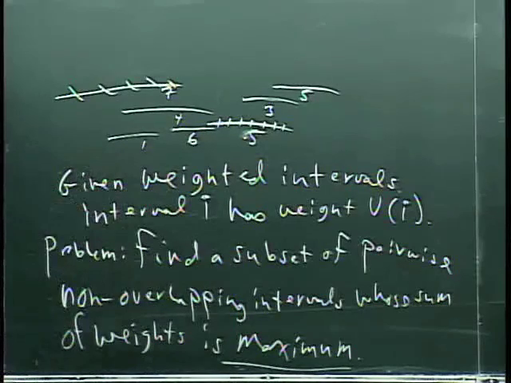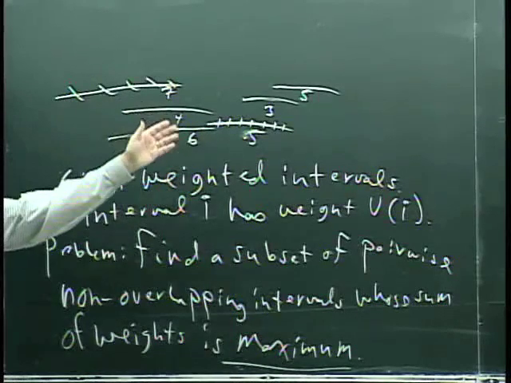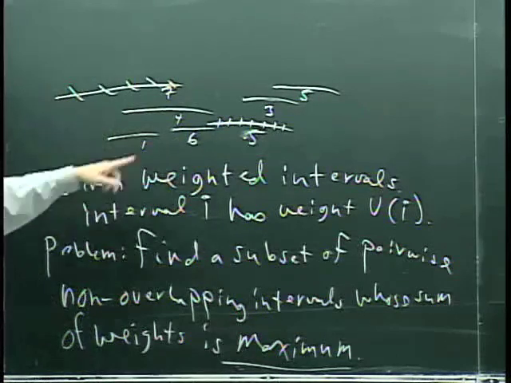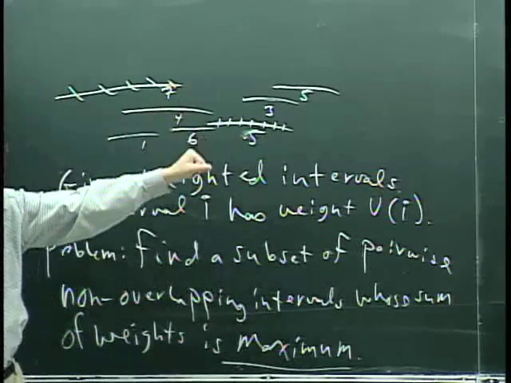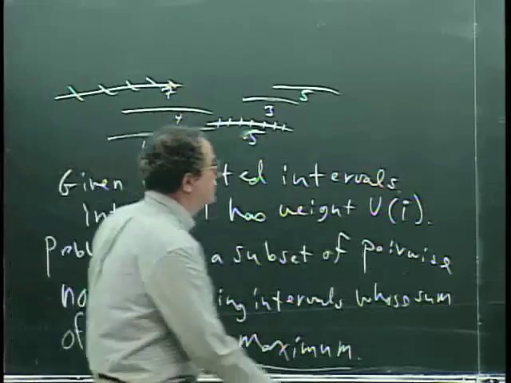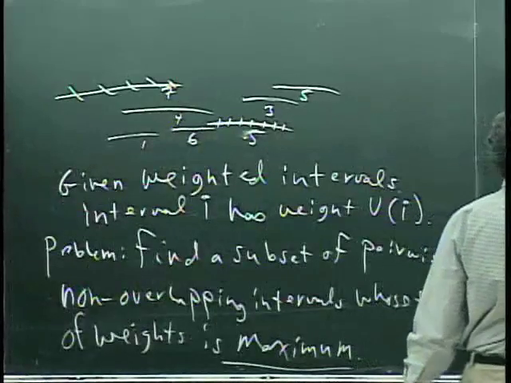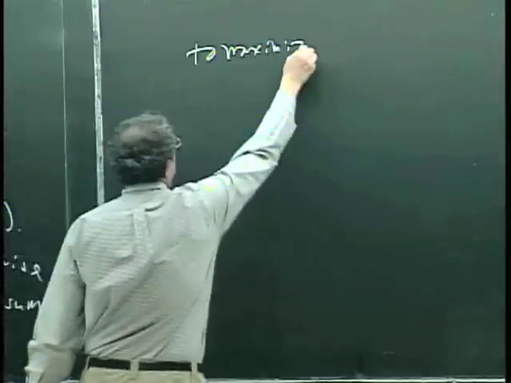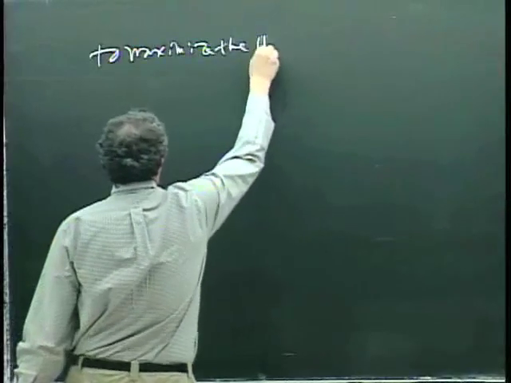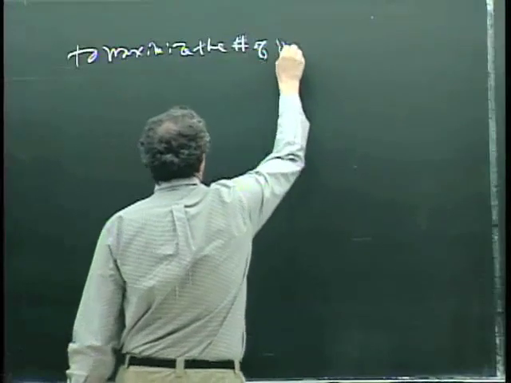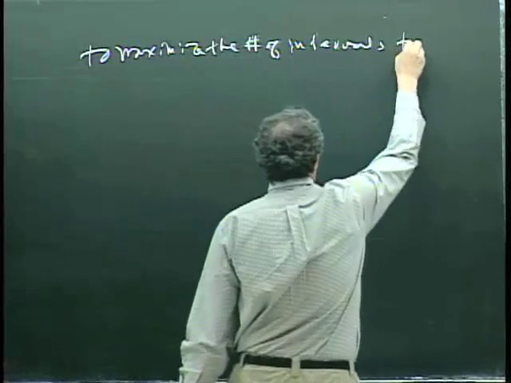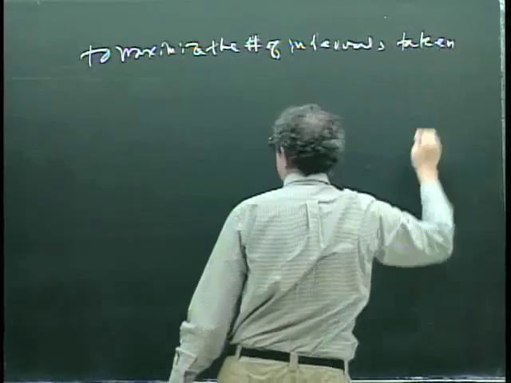And remember before, when we were just trying to maximize the number of intervals that we took, we sorted the intervals according to their end times, right? And so to maximize the number of intervals chosen, what did we do?